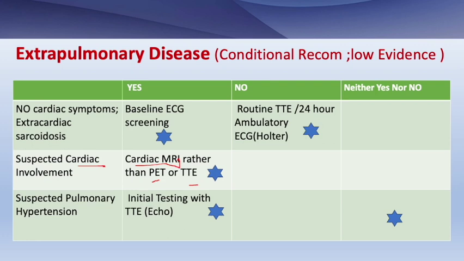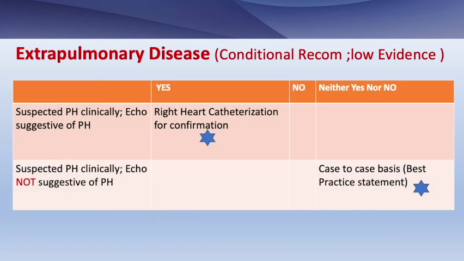The other factor is suspected pulmonary hypertension, and sarcoidosis is also a cause of pulmonary hypertension. So in patients where you suspect it, you may initially test with a transthoracic echo, and once you've done that, if you feel this patient has suspected PH and the echo is suggestive of pulmonary hypertension, then you must do a right heart catheterization for confirmation.